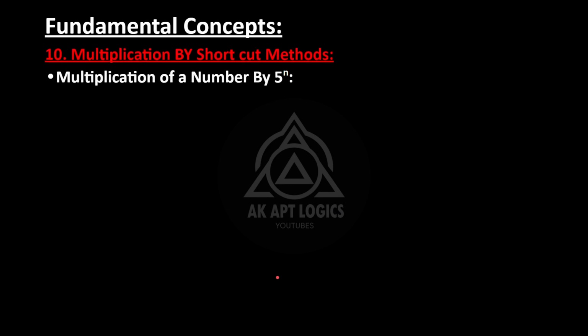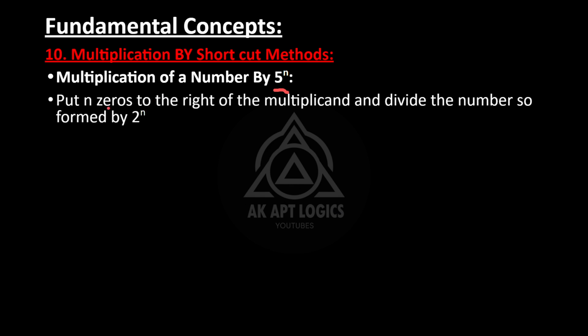Next, multiplication shortcut methods. Whenever you multiply a number by 5 power n, this is also a very good shortcut. Put n zeros to the right of the multiplicand. When you have the two numbers a and b, they are called multiplicands, and any one of them we can say is the multiplicand.